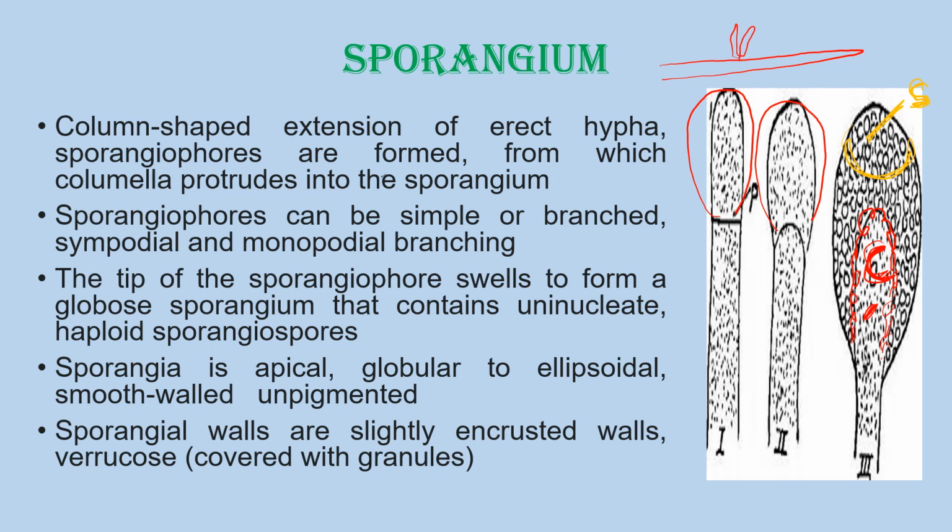Each of these multinucleate masses gets surrounded by a two-layered wall, the outer electron dense and the inner less electron dense, and all the spores have multiple nuclei and all the organelles. So this is how basically the sporangium is formed.